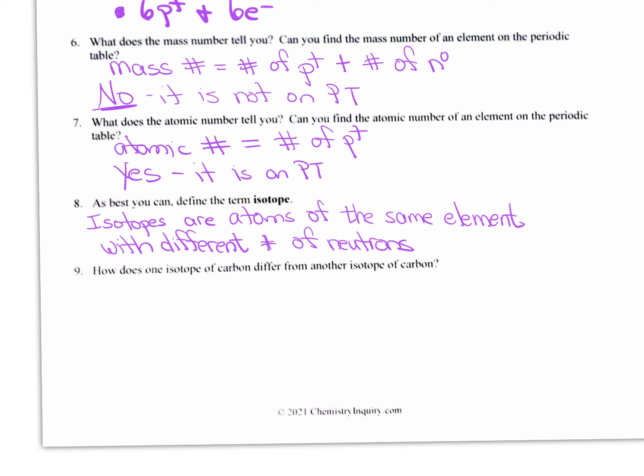So the key word here is neutrons, the number of neutrons. That's what's different in isotopes.